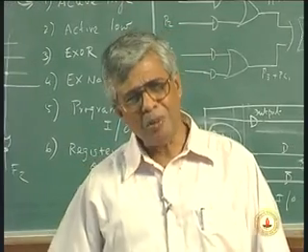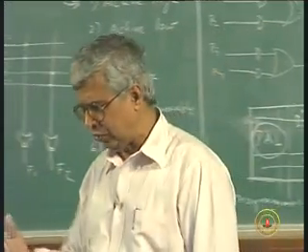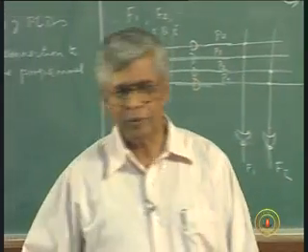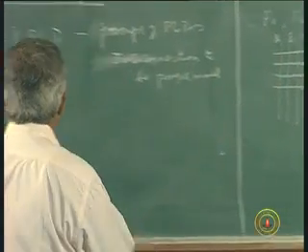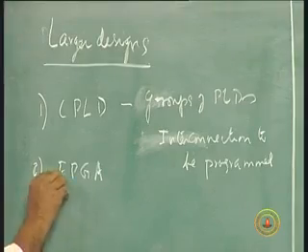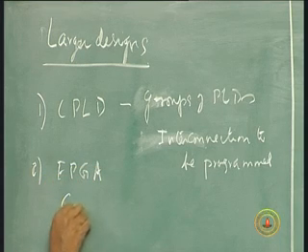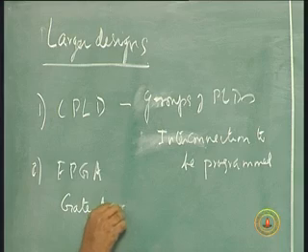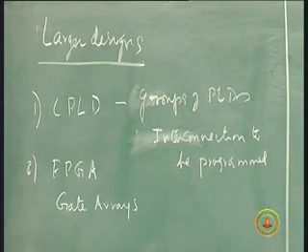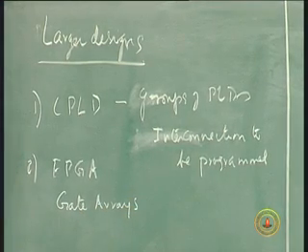The FPGA is almost similar concept wise, but it's slightly different in the sense it comes with what is known as logic blocks, it's an array of gates, field programmable gate array. So, gate arrays are units made up of gates.